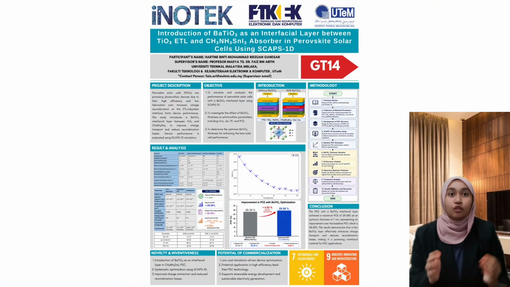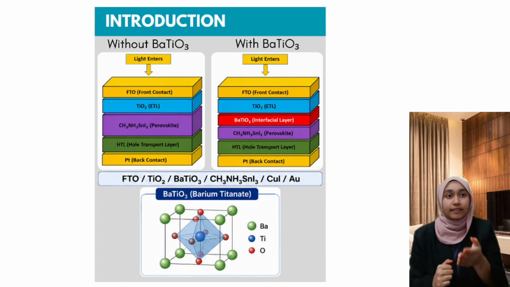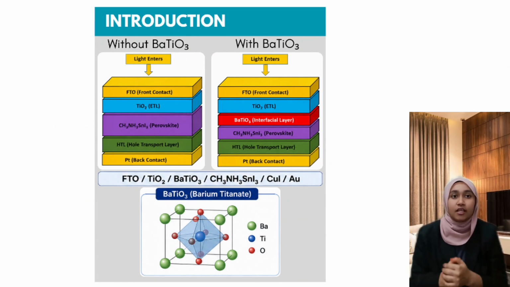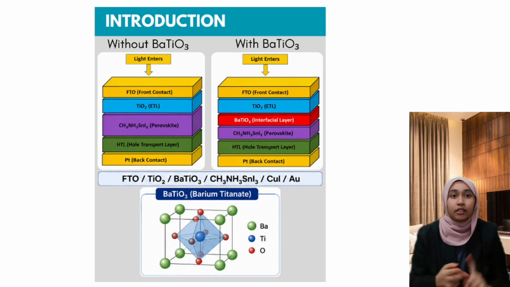So, now let's look at the device structure. We can see that this figure shows the comparison between the baseline and the proposed solar cell structures. The baseline structure consists of fluorine doped tin oxide front contact (FTO), titanium dioxide electron transport layer (TiO2), tin-based perovskite absorber layer (CH3NH3SnI3), copper iodide hole transport layer (CuI), and platinum back contact (Pt).